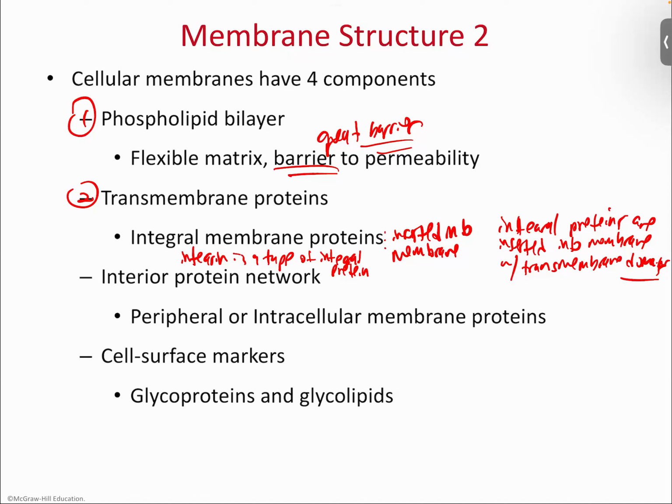That make sense? Let me say that again. Integrin is an integral protein, but not all integral proteins are integrin. So integral proteins represent all proteins that are inserted in the membrane. One of that family of proteins is called integrin. But there's other proteins that are not integrin that are still integral, like the channel, for instance.